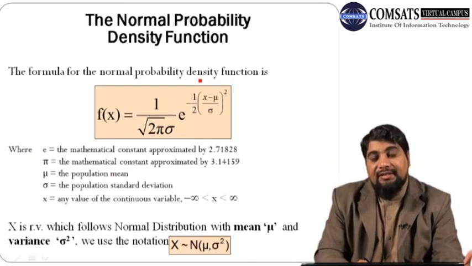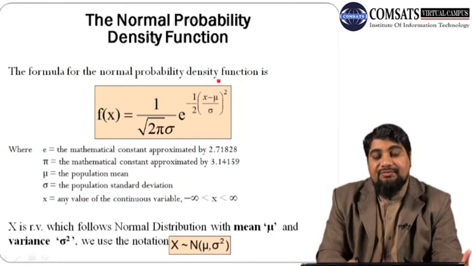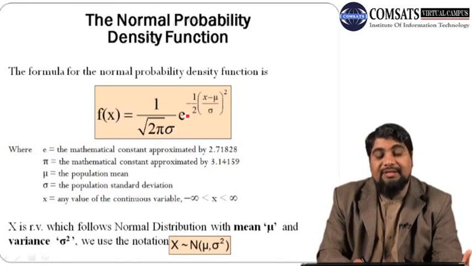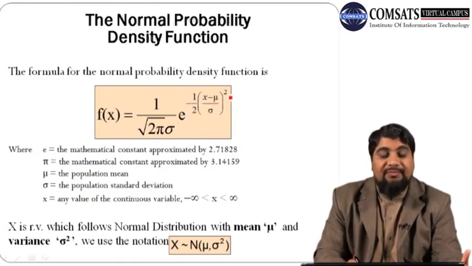So let us define the normal probability density function. The formula for the normal probability density function is f of x equals 1 over square root of 2 pi times sigma, into e raised to power -1 by 2 times (x minus mu over sigma) whole square.